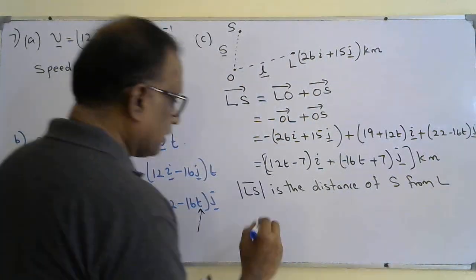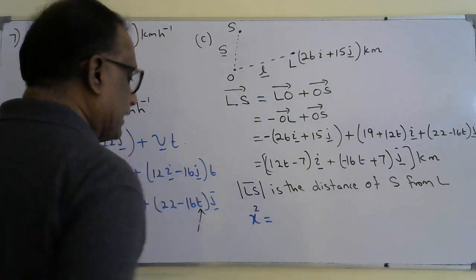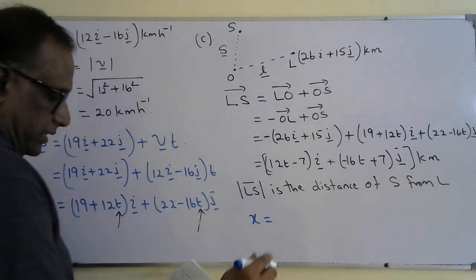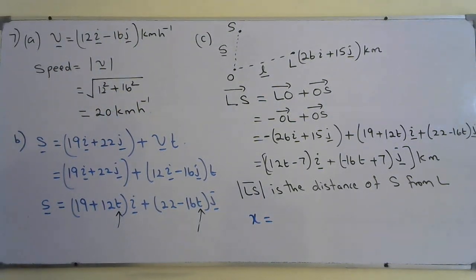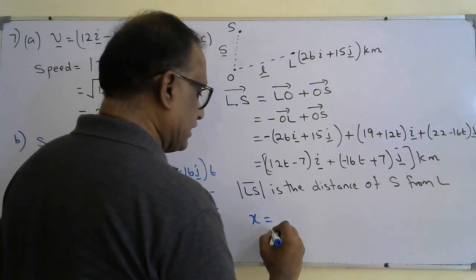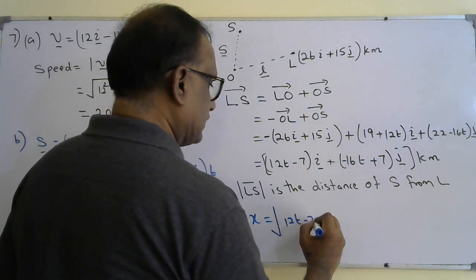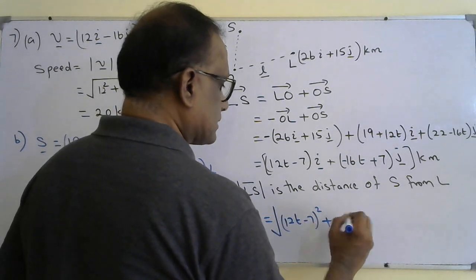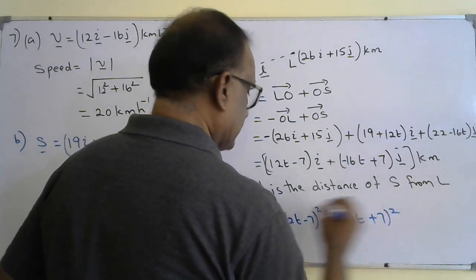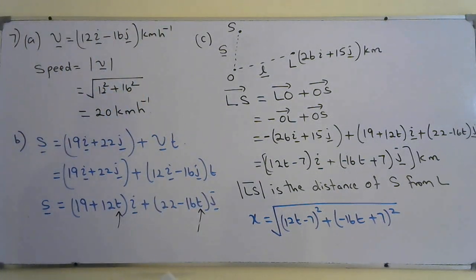Okay, how to find that distance? We can take the modulus of LS, let it be x. So x, that's the modulus of LS, the distance, is equal to the square root of this square plus this square. So that is 12t minus 7 all squared plus minus 16t plus 7 all squared. Inside, we expand and rearrange it.